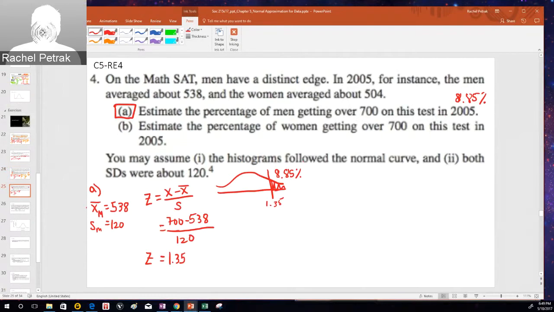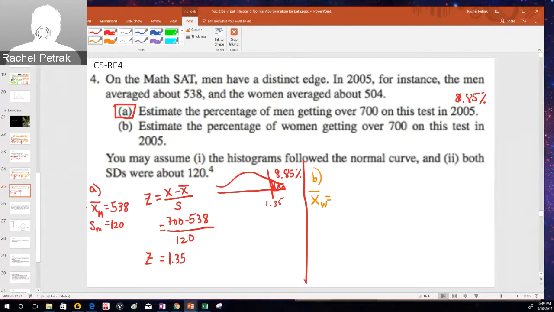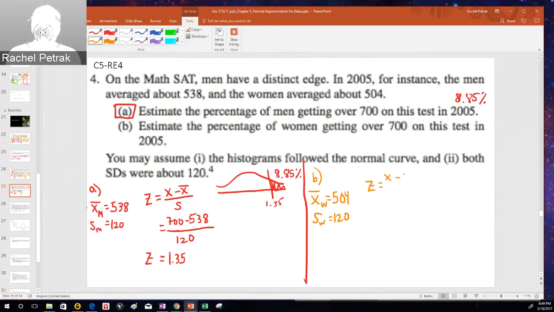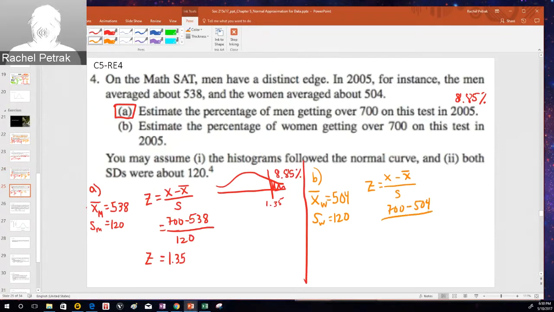And then to get our percentage of women, we can follow the same process. The mean for women was 504. And just work through this quickly. Same process, but new values for our population.